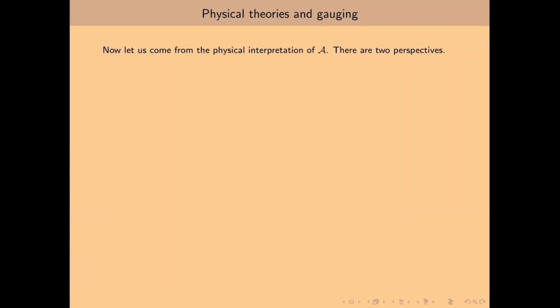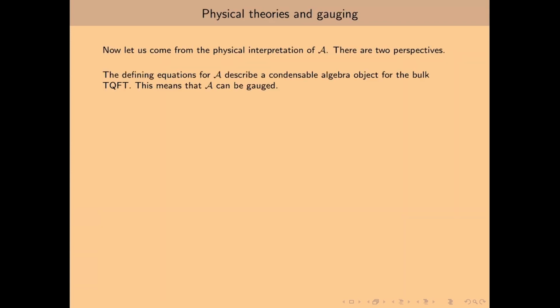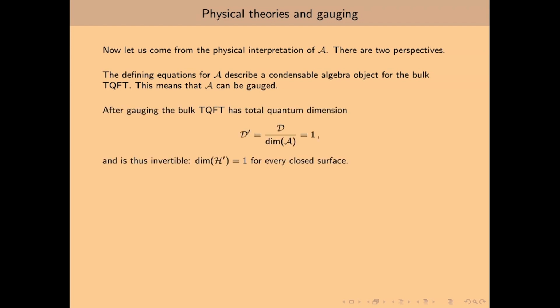So now let's just describe the description with gauging. In practice, all these equations I gave you for the A allow you to define, you can think of them as the equations which tell you how you can gauge a generalized symmetry.